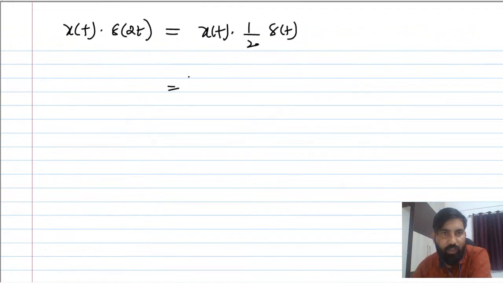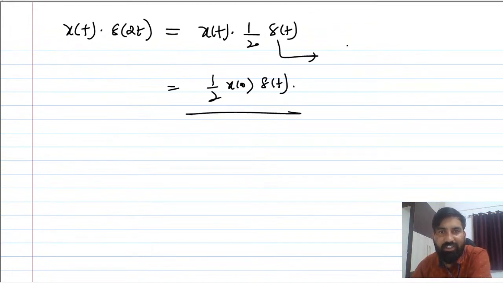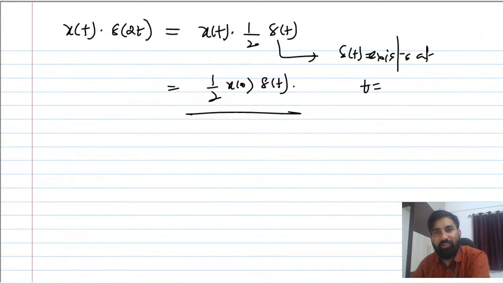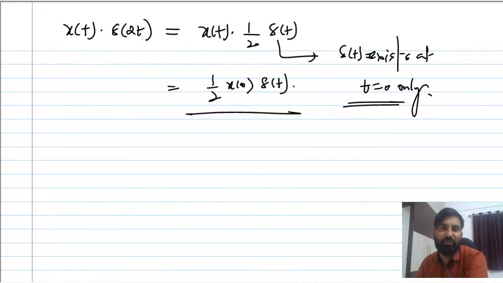Now you can write this as 1 by 2 x of 0 delta t. Why are we writing x of 0 here? Because this delta t exists at t equal to 0 only, right? I hope this makes sense to everyone. This property you have to keep in mind. This is known as the sampling property.